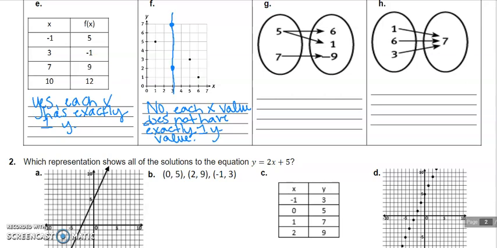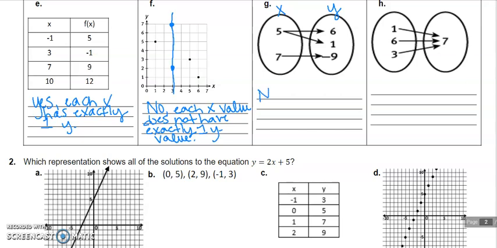All right, letter G, we're looking at a mapping here. So remember with your mappings, all of these values over here are terms in your domain, and all of these values over here are terms in your range, and the arrows represent your pairs. So (5, 6) is an ordered pair, (5, 1) is an ordered pair, (7, -9) is an ordered pair. So here I see this x value of 5 has two different y values.